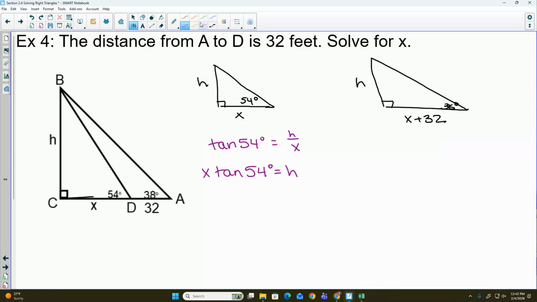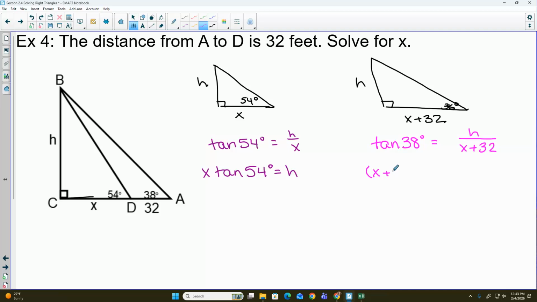So let's abandon that for a minute. Come over to this triangle. I again have opposite and adjacent, so I would do tangent 38 equals my opposite side h, and my adjacent x plus 32.